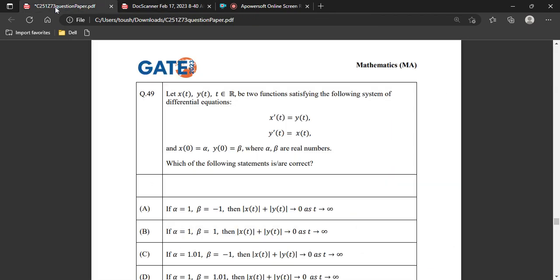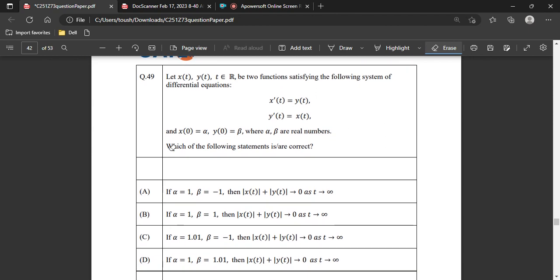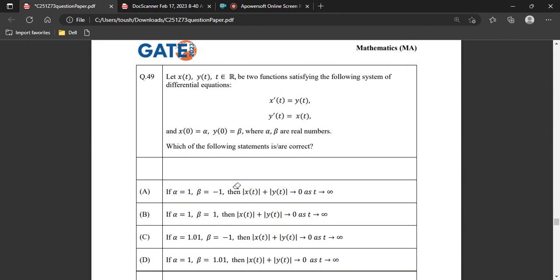Now read the question again, what the question asks. The question wants to know, for given values of alpha and beta, whether |x(t)| + |y(t)| will go to 0 or not. In every option, they have given a value of alpha and a value of beta, and they have asked whether |x(t)| + |y(t)| goes to 0 when t tends to infinity.